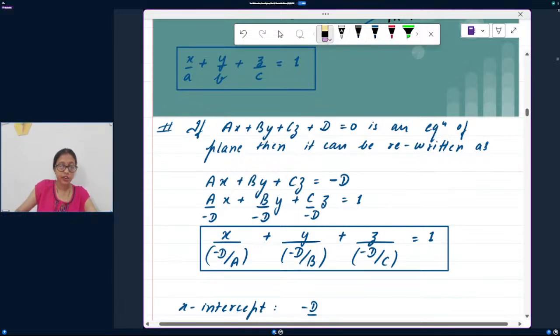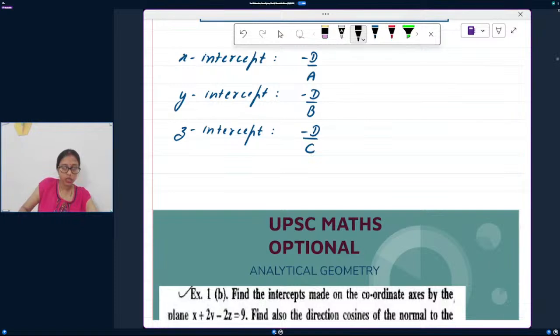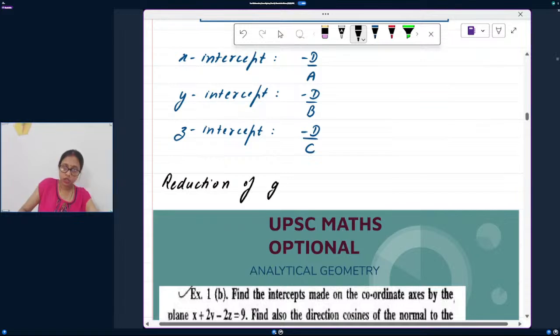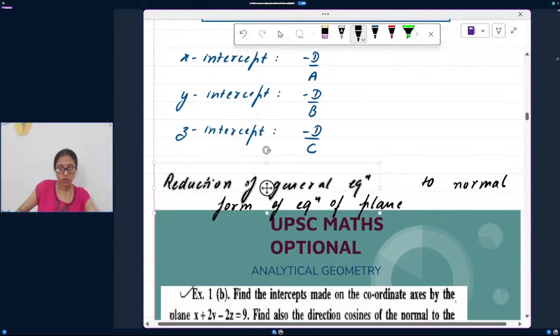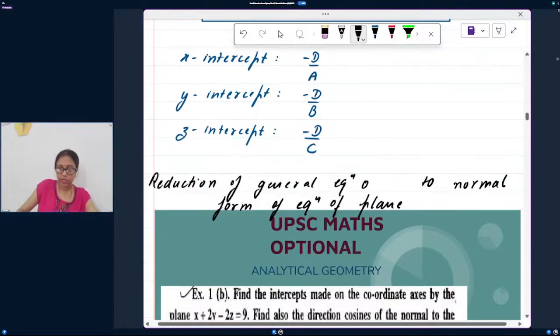This is important: reduction of general equation of plane to normal form of equation of plane.